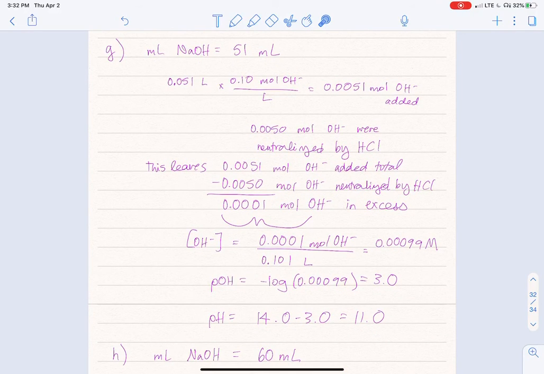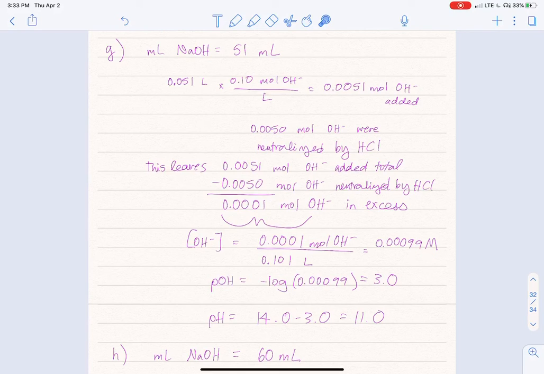So we can figure out the pH by calculating the molar concentration of hydroxide, 0.0001 moles of hydroxide, over the total volume of the solution. At this point, it's 51 plus 50, so 101 milliliters, which I convert into liters for the denominator here. That gives me a molar concentration of 0.00099.